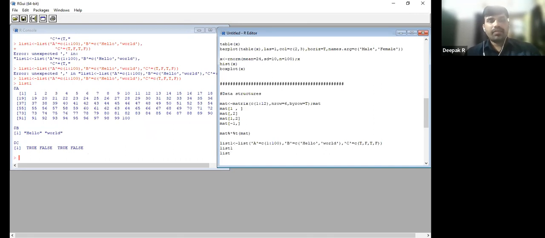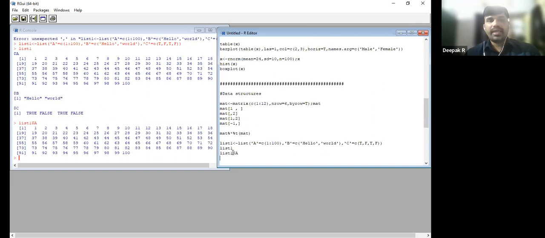And if I want to retrieve any information with respect to any of these components, I can use the dollar sign and retrieve this information.